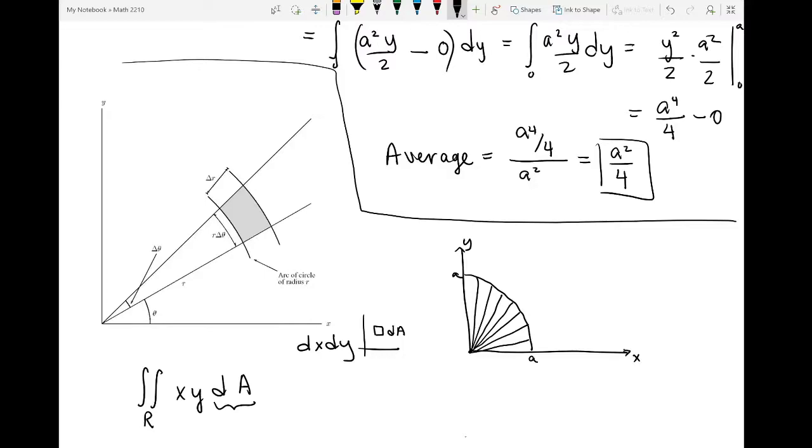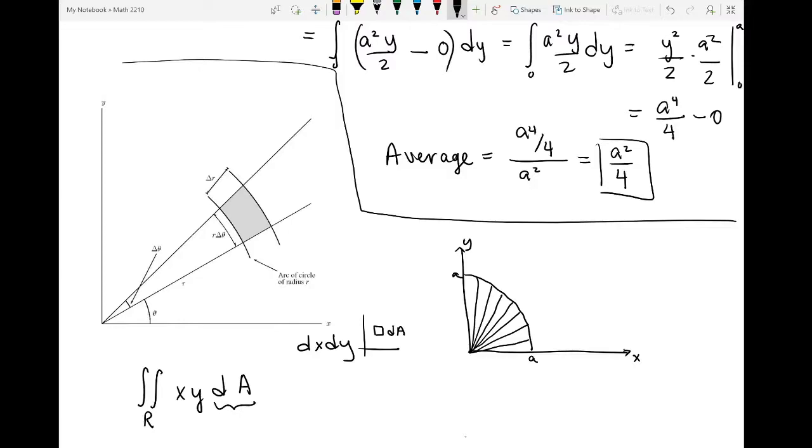Well, the picture is a little different in polar coordinates, because this little rectangular area is now not quite a perfect square. We have these arcs coming out, so these aren't going to be perfect rectangles. The area there will not be x times y.